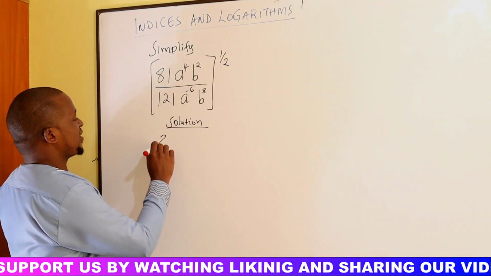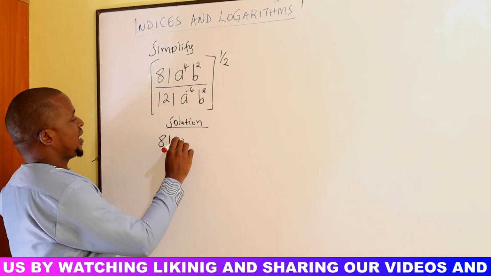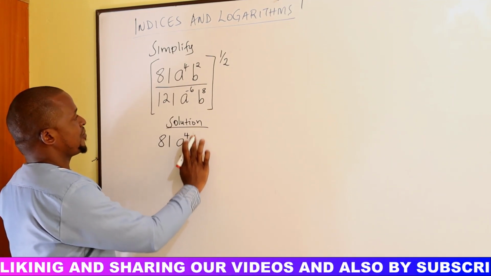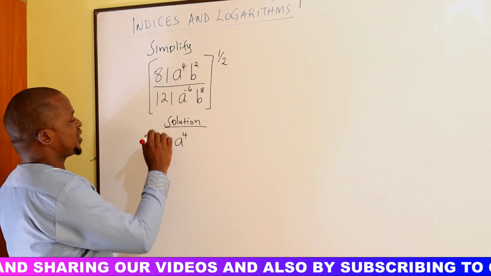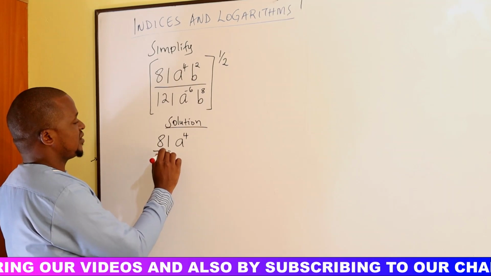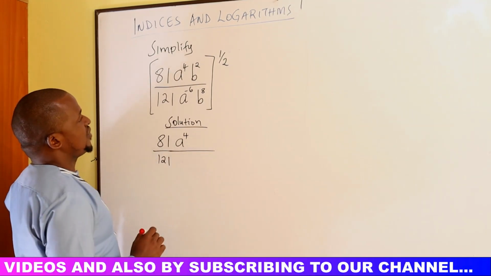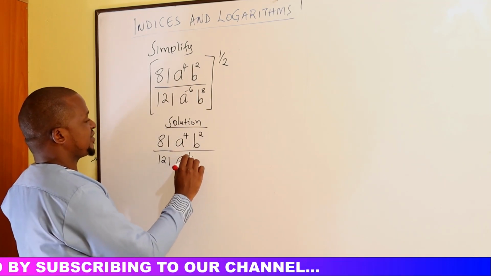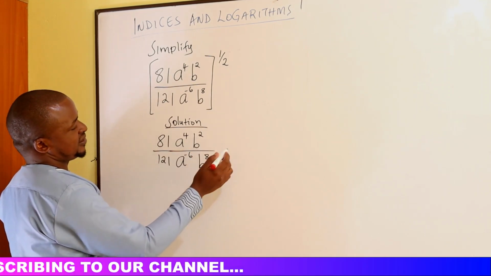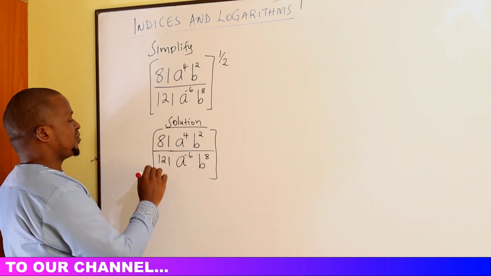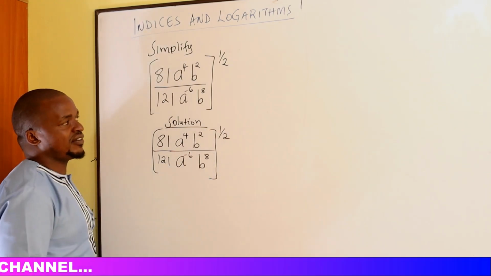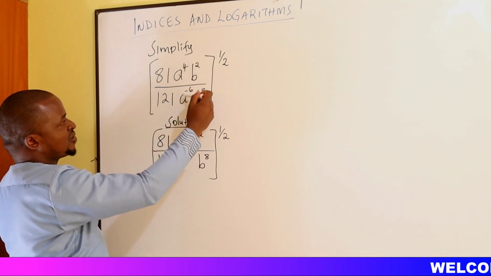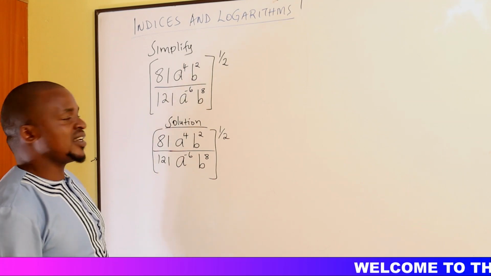So we are going to have 81 over 121, then a to the power 4 b squared over a to the power negative 6 b to the power 8, before we apply the power half there. So we are going to solve the unknowns a to the power 4 and b squared over a to the power negative 6 and b to the power 8.